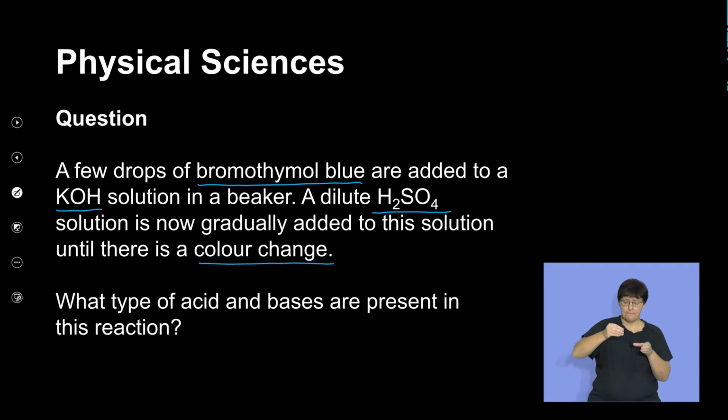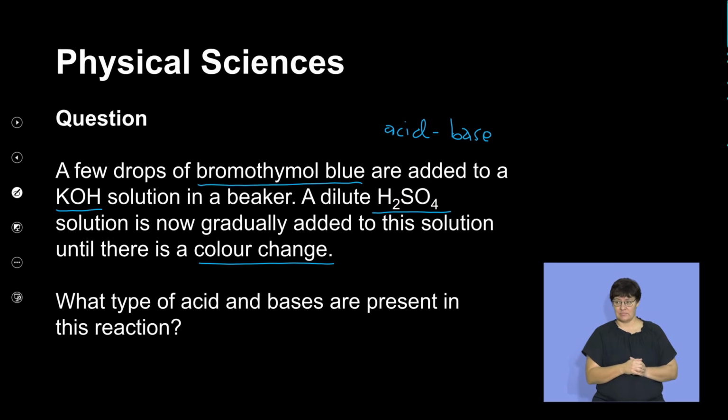In unpacking this problem, the reaction is between potassium hydroxide, which is a base, and a dilute sulfuric acid solution, which is an acid. So typically this is an acid-base reaction. If we have an acid and a base, what do we expect to get? We get a salt and water.